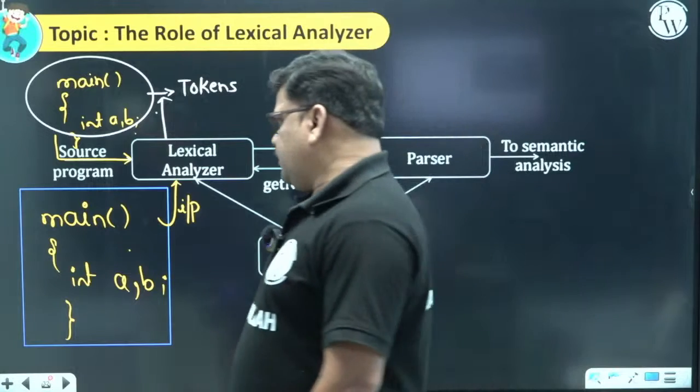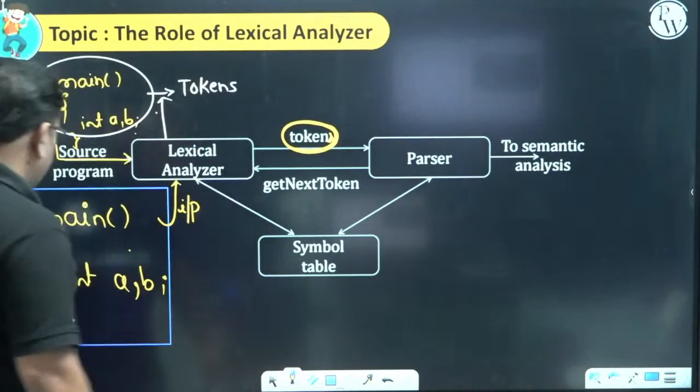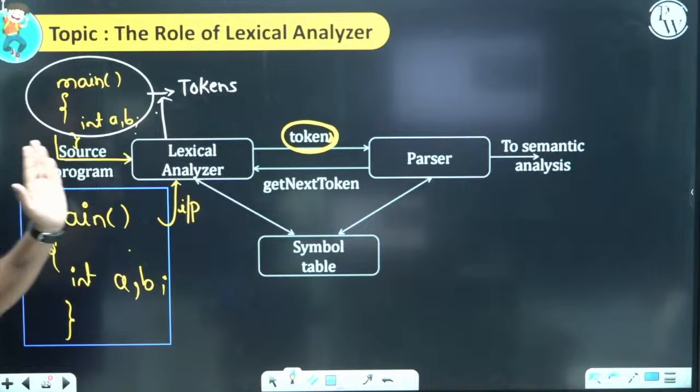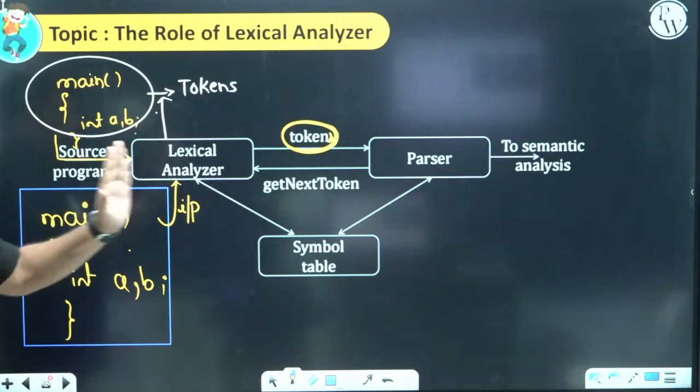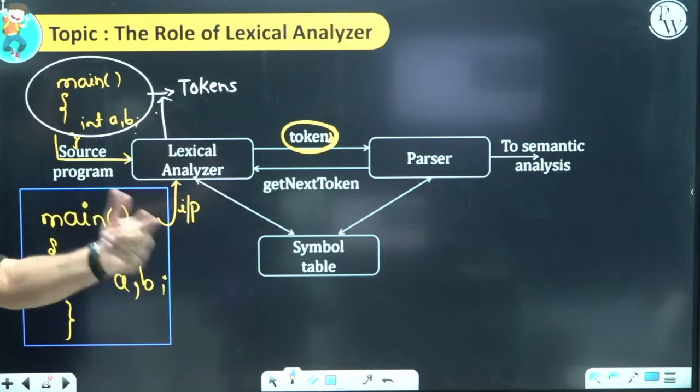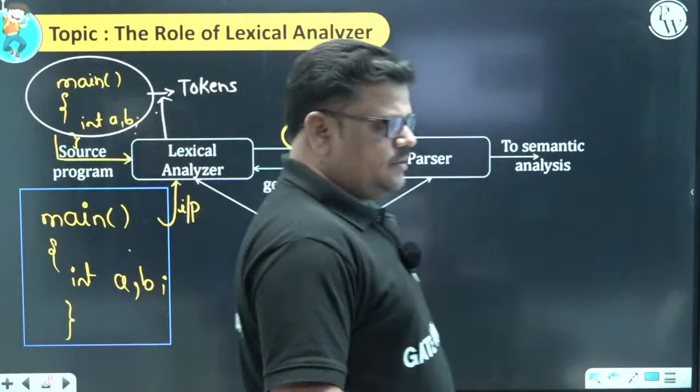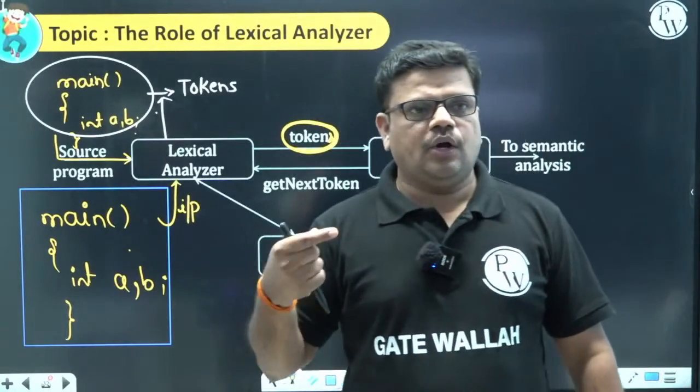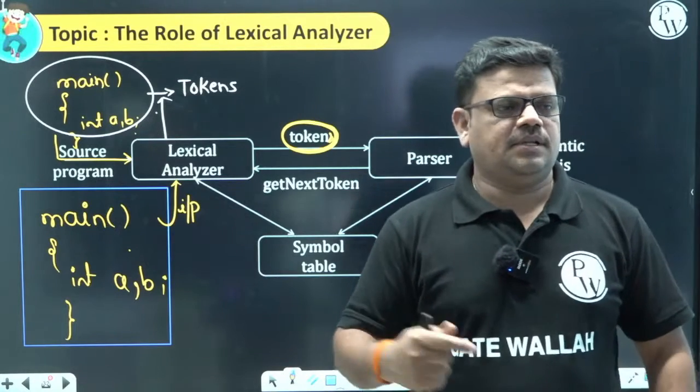Just try to identify how many tokens there are here. Every group of characters should come under one of the meaningful entities: a keyword, identifier, operator, constant, or special symbol.